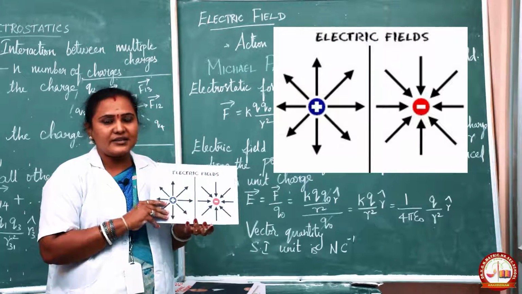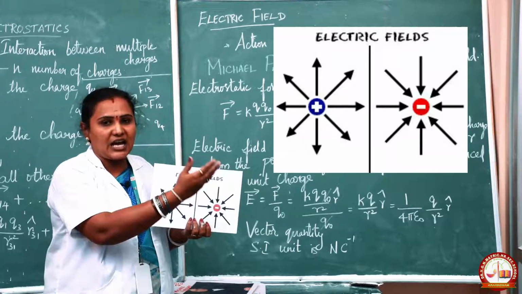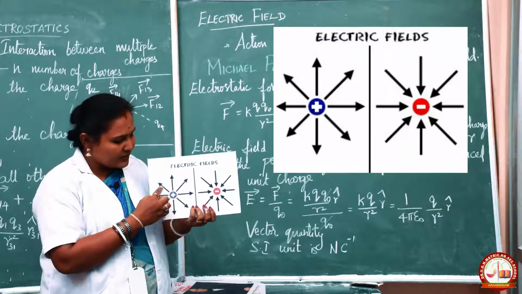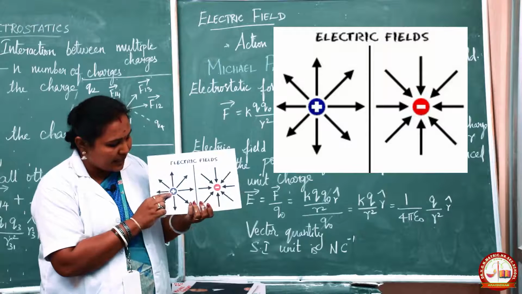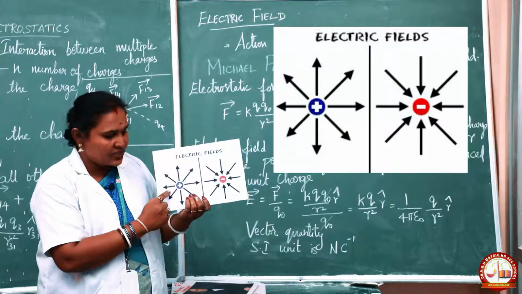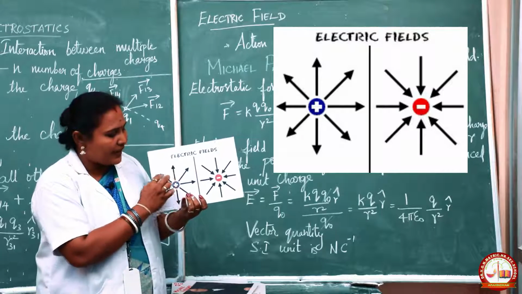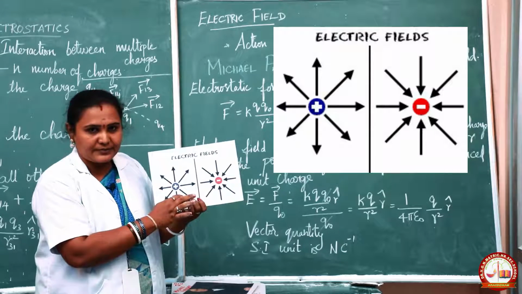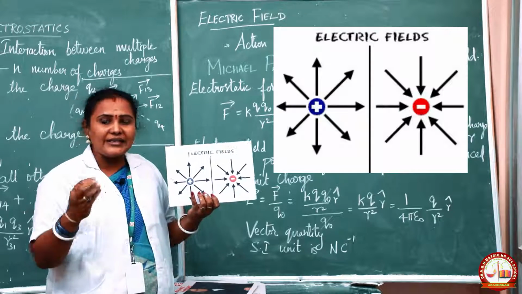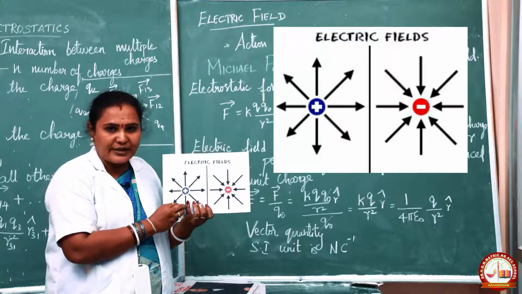So considering the charge in the universe, if you bring another charge near to it, what do these lines around the charge represent? They represent the force around the charge. Each and every charge is surrounded by its respective force. If you bring another charge into it, it interacts with the charge already present there.